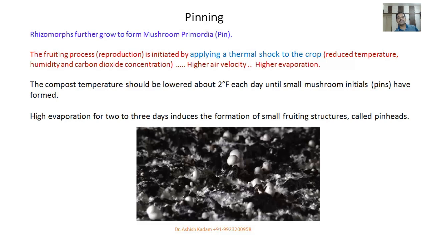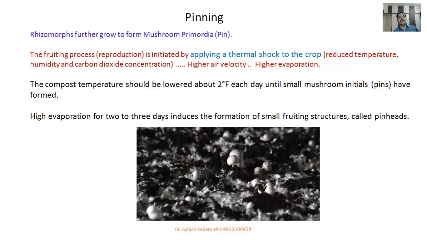So what do we do? We have seen that we were maintaining compost temperature 23.8 degrees centigrade. We were maintaining the room temperature between 22 to 25 degrees centigrade, very high humidity, and a very high CO2 level of 10,000 to 20,000 ppm. Now we are going for the second phase where we have to allow the fructification to happen in the compost.